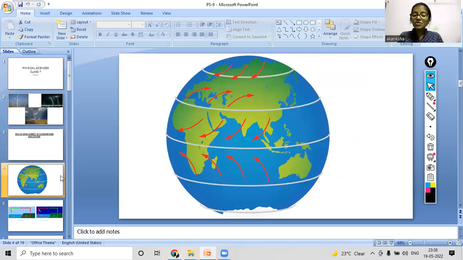In this picture, what can you see? It is also related to wind. These red arrows are depicting wind. This is the hint. So what do you think about this picture? Okay, this is the earth. What else can you write in the chat box? In the earth, these arrows are showing how the wind moves, right?